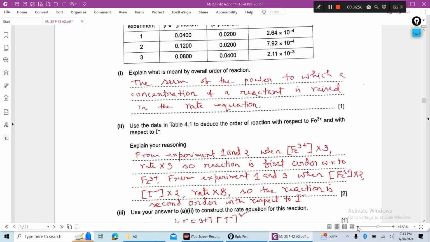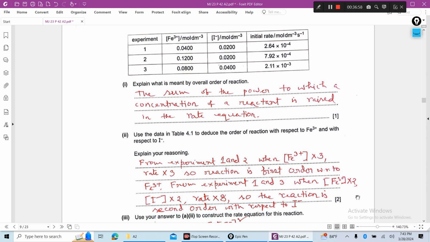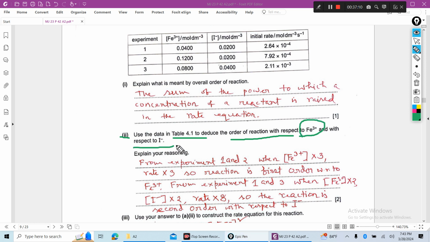Next, use the data in table 4.1 to deduce the order of reaction with respect to iron 3 ion and with respect to iodide ion. Explain your reasoning. So you have to find the order for iron 3 ion and the order for iodide ion.